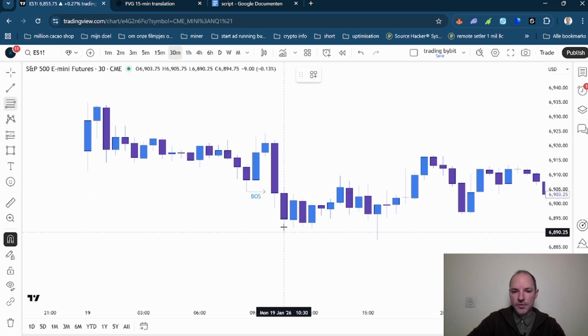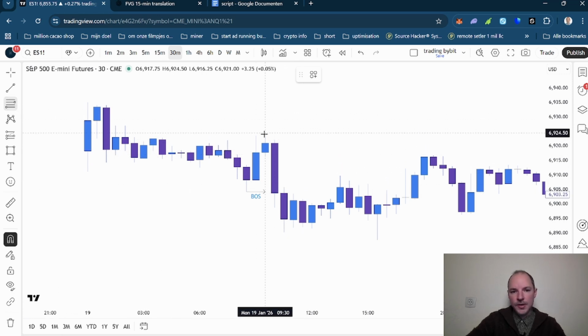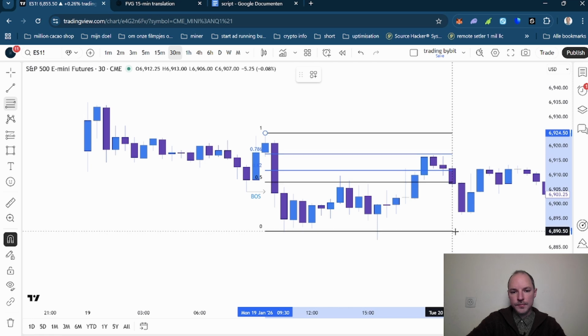We need a break of structure, and then it needs to create a fair value gap above the 50 level. We use our Fib tool. I've just pressed it. We take the wick's high and the wick's low, and we draw it from the upper part to the lower part if it's downwards. If it's upwards, you draw it from down to up.